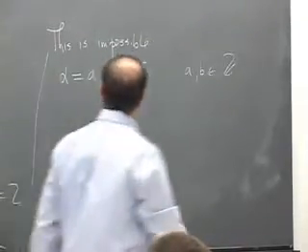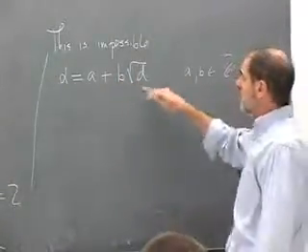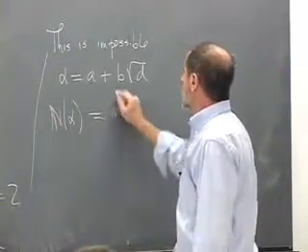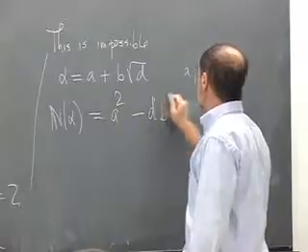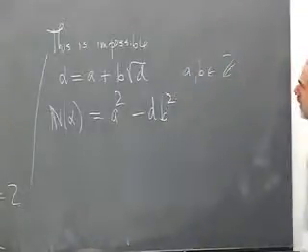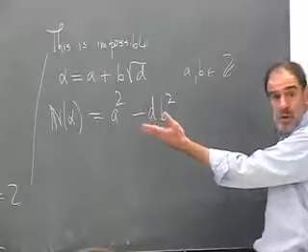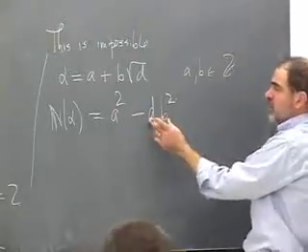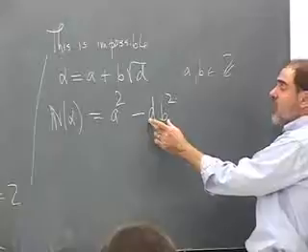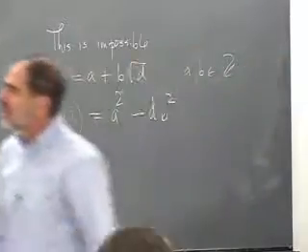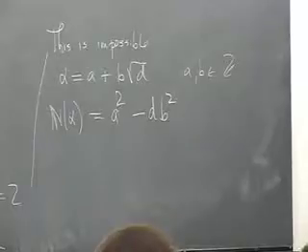Okay, now this is impossible because if we write alpha like this, the norm of alpha is a squared minus db squared. Now, how could this possibly be equal to 2? I mean, this number is quite large. Once d is, so minus d is at least 5.